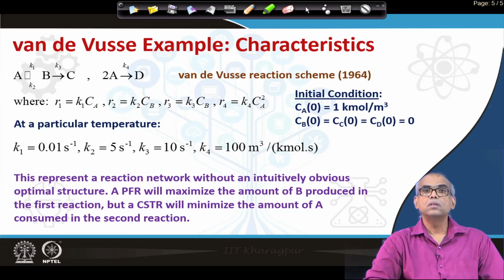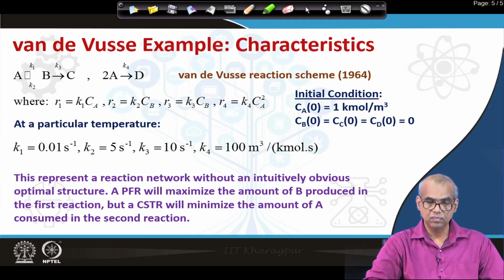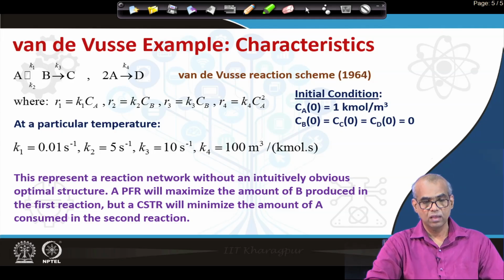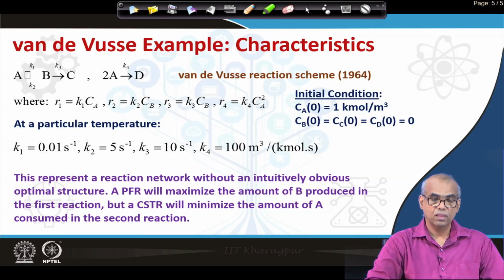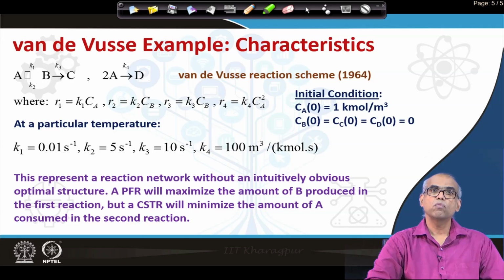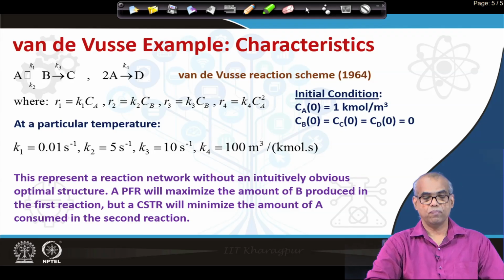Now, there is a reason why the Van der Waals example has been chosen. This is a well studied system. This represents a reaction network without any intuitively obvious optimal structure. It is not easy to intuitively find out what should be the optimal reactor structure for this reaction scheme.